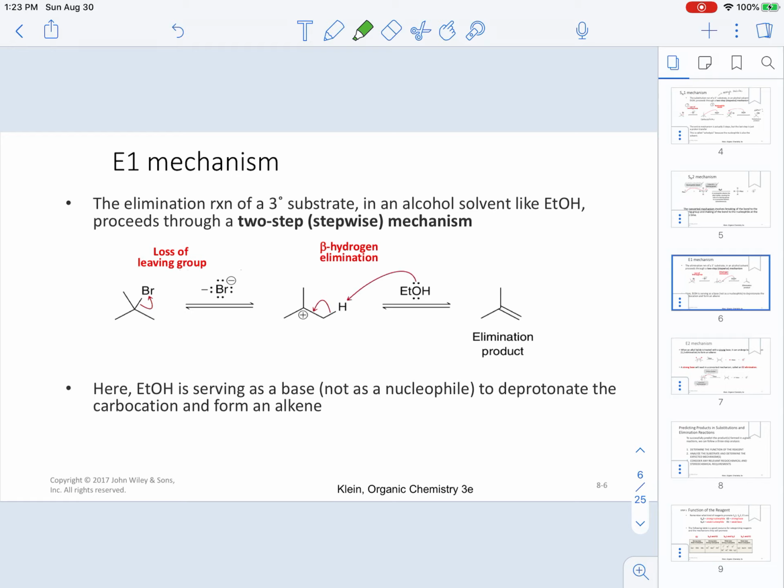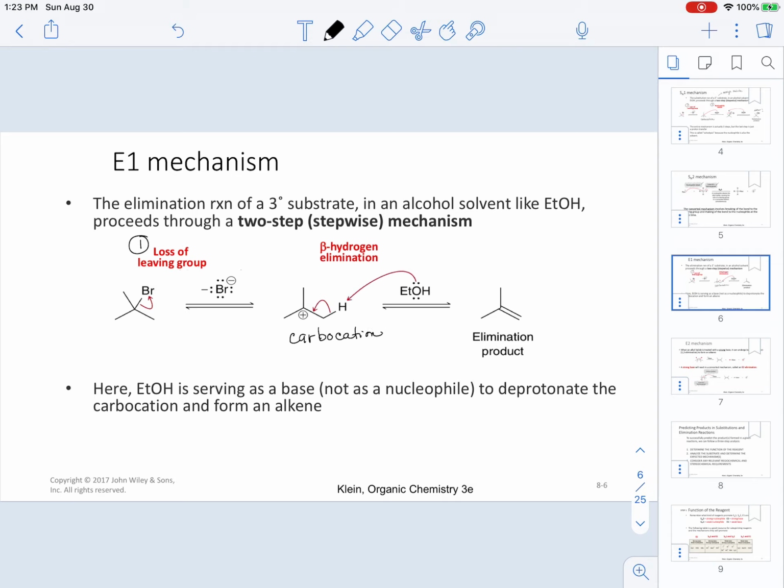Now, in the elimination 1 mechanism or E1 mechanism, similar to what we saw in the SN1, here, the first step of the mechanism is the loss of the leaving group. So the leaving group is going to leave, which is illustrated by the arrow, and we're going to form that carbocation intermediate.